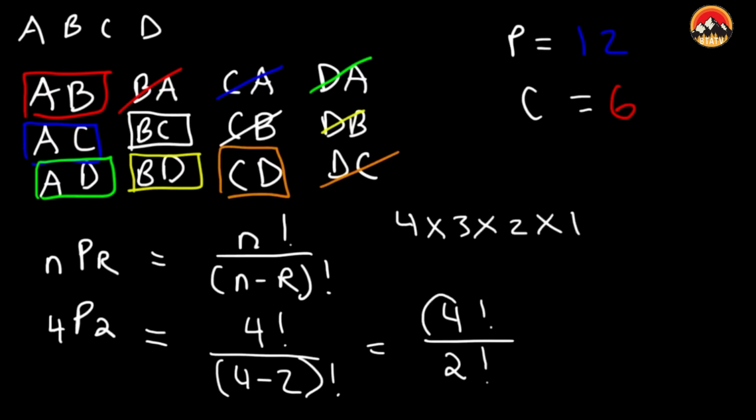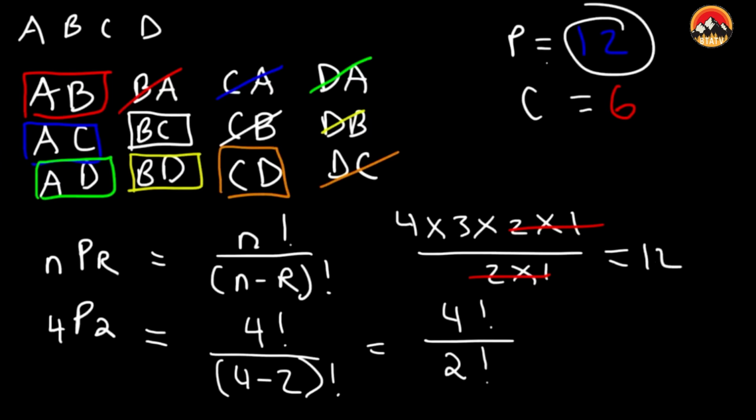You start with this number and you multiply 4 by every integer all the way to 1. 2 factorial is simply 2 times 1. So we can cancel 2 times 1. And we're left with 4 times 3, and we know that 4 times 3 is equal to 12, which is what we have here. Now, how can we calculate the combination? What is the formula that we can use?